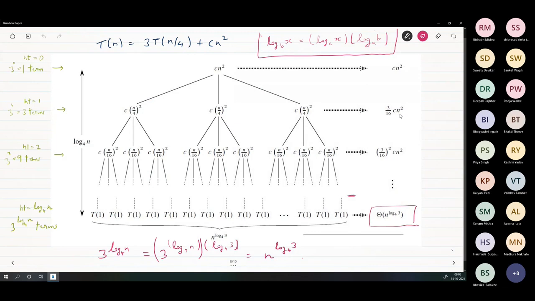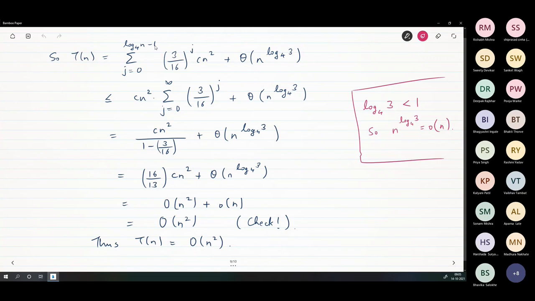Cn squared, 3 by 16 cn squared, 3 by 16 squared cn squared, and so on up to the level log n to the base 4 minus 1. So 3 by 16 to the j cn squared, plus at the last level you have this term theta of n to the log 3 to the base 4. But now cn squared is a common factor, so you can take it out.